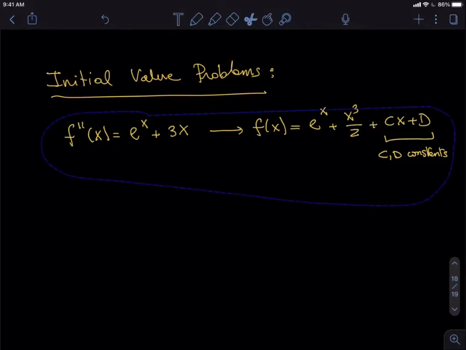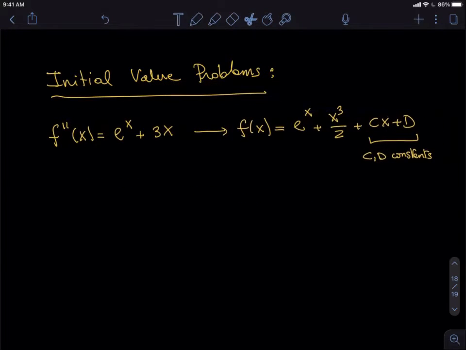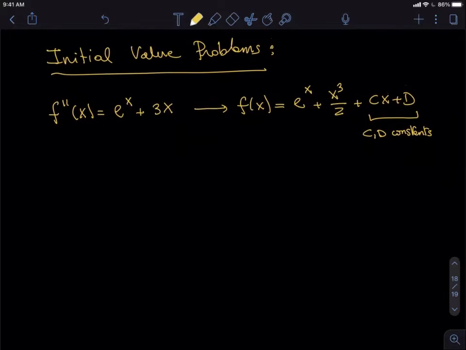They are constants that are not known to us at the time, but we can choose them according to whatever we need to do. That's the spirit of initial value problems.